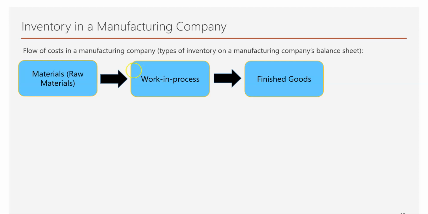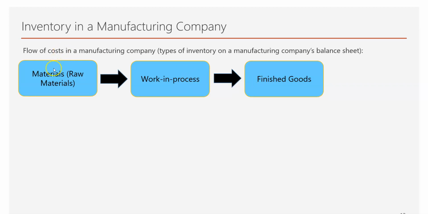Work in process are any units started that we start to make, but we have not yet completed. So we start to work on these units by adding materials, but they're not completed yet. So they're going to stay in here. But what do we do with completed units? Are they still in process? No. So then we're going to transfer them to finished goods.